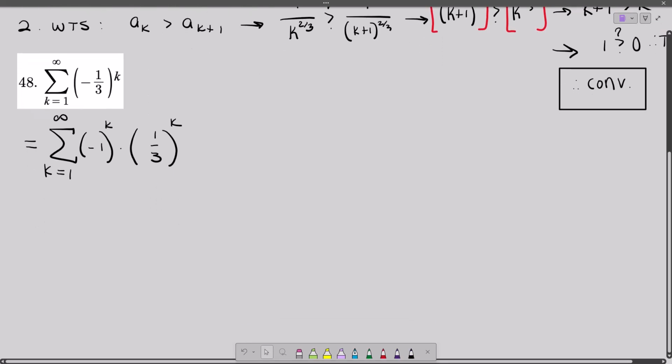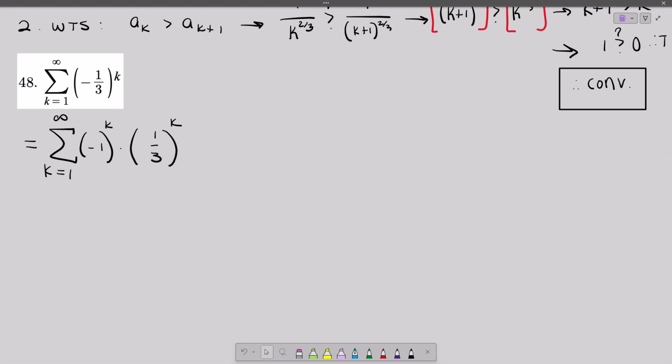All right, so first, consider the alternating series part of it. So use the alternating series test to show that this series either converges or diverges. It's an alternating series, so let's go ahead and use the alternating series test. There is another way, we'll talk about that in a minute, but first I want to make sure you can do it with the alternating series test.